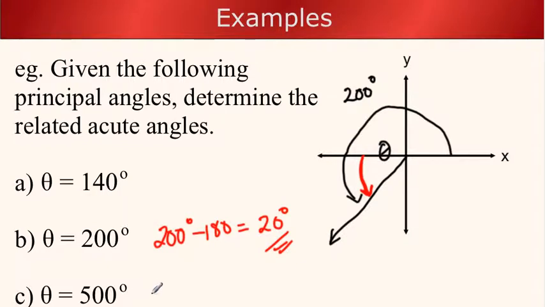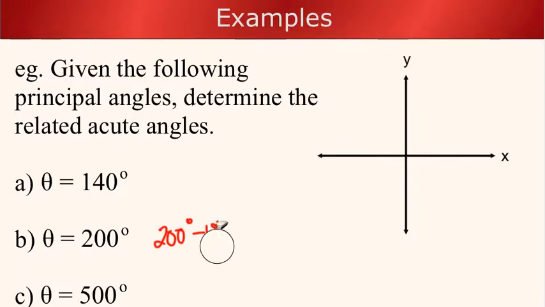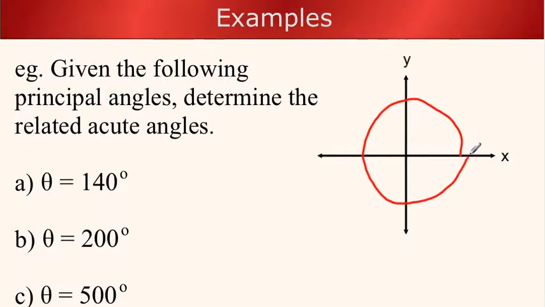Okay, let's do C, which is 500. Where's 500 lie? We're going to go all the way around. There's 180. We're going to go back around. There's 360. I've got to keep going to get to 500, so I have to add 140 more to 360.